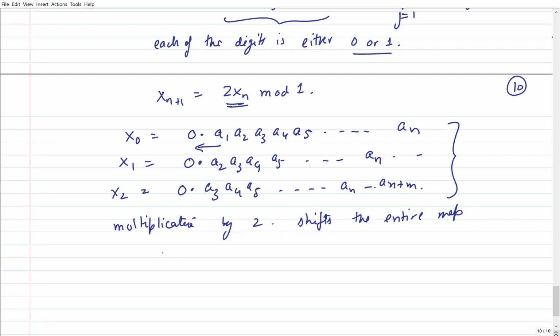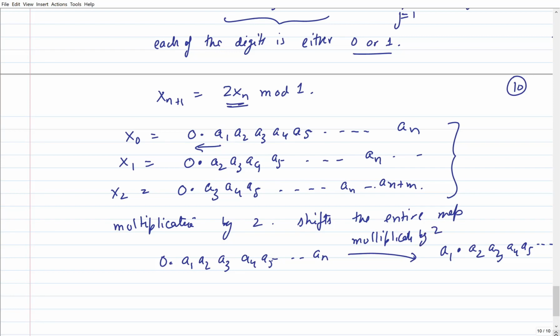So in a sense, this would become A1 dot, A2, A3, A4, A5, and so on and so forth. That's your multiplication by 2. And then the mod 1 operation, just taking the remainder into account, will throw off the integer digit, and you are left with this.